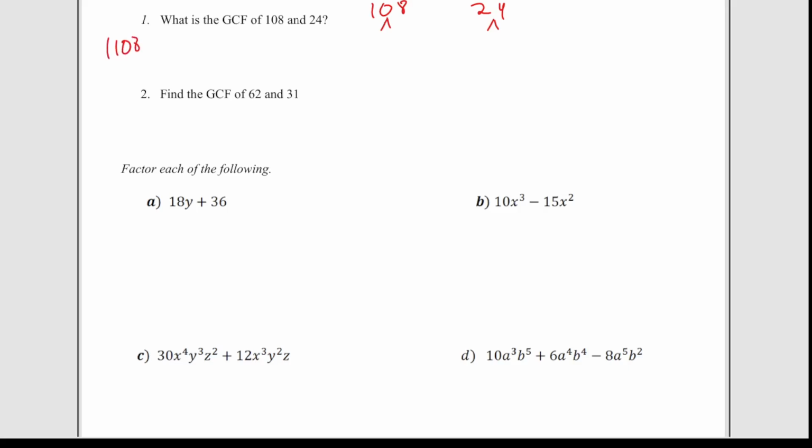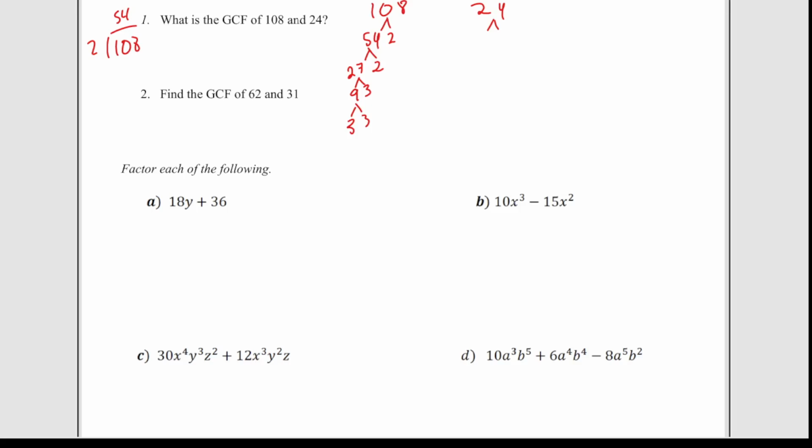So 108 divided by 2 is going to leave us with 54. And then 54 divided by 2 is going to leave us with 27. And then 27 breaks down into 3 and 9, because 2 times 2 times 3 is 12, so 12 times 9. And then 9 breaks down further into 3 and 3.